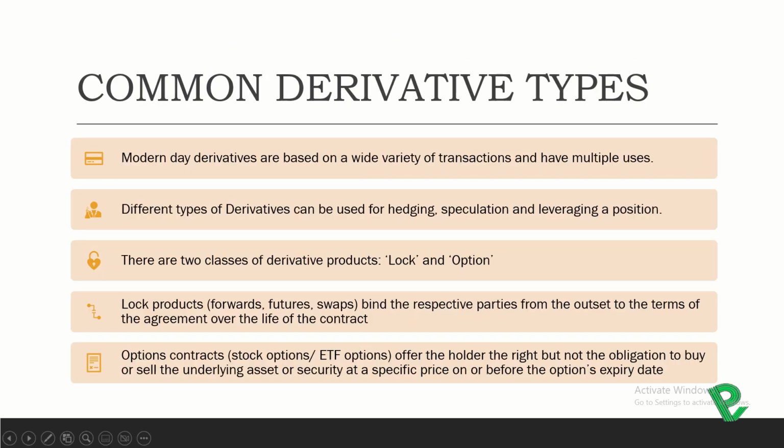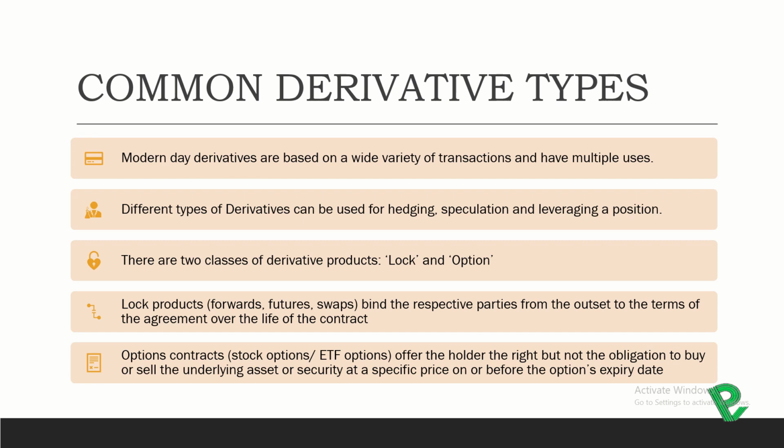There could be a wide range of derivatives, but we have some common ones. Modern day derivatives are based on a wide variety of transactions and have multiple uses. Different types of derivatives can be used for hedging, speculation, and leveraging a position. There are two classes of derivative products, lock and option.